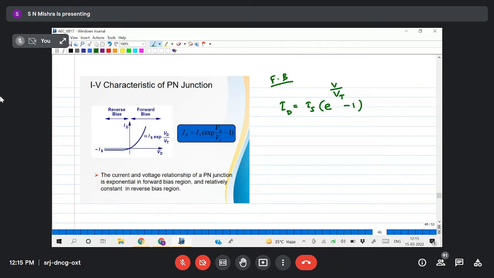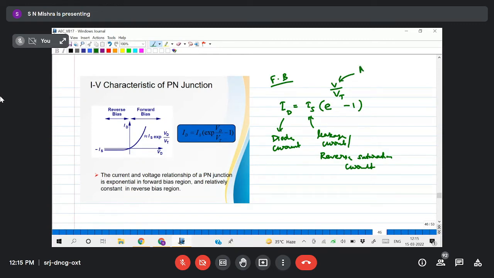So what are these terms? ID is the diode current. IS is the leakage current, also called the reverse saturation current. V is the applied voltage across the junction.